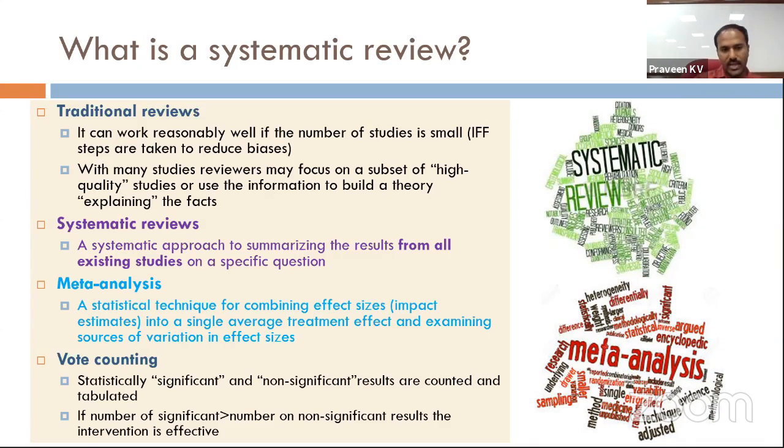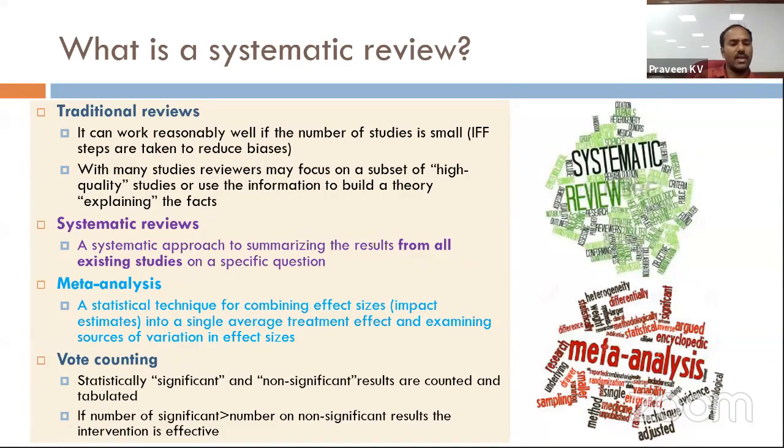So vote counting is another kind of review, which may not be preferred much, because vote counting is just, for example, on the effect of conservation agriculture, if between 2010 and 2015 we have collected 150 papers, and 120 of those papers have shown that conservation agriculture has a positive effect and 30 papers have shown a negative effect.